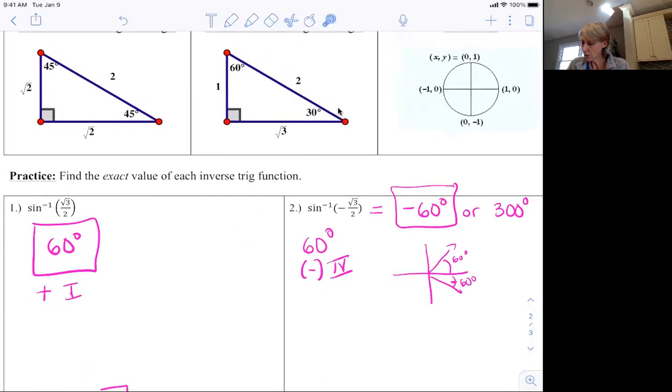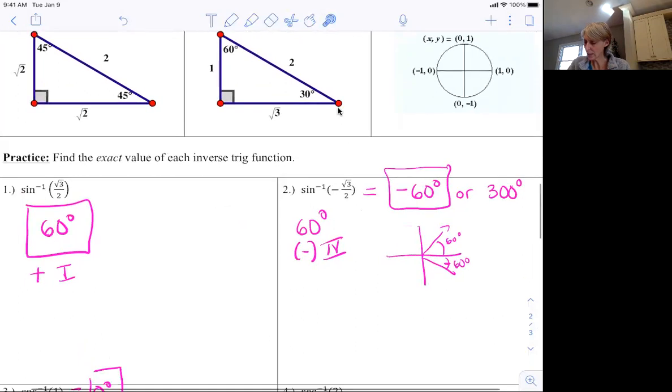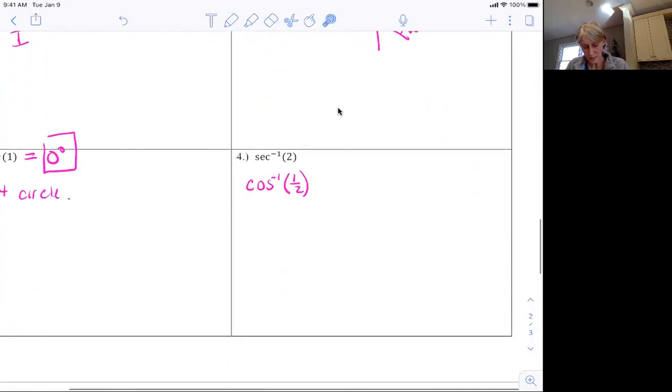Cosine is adjacent over hypotenuse, and that's going to happen at a 60-degree angle. I didn't mean them all to come out at 60, I'm sorry. But again, working backwards off our triangle, the angle is going to be 60 degrees. The function value is positive, so I'm using the first quadrant value of that angle, which is 60 degrees.